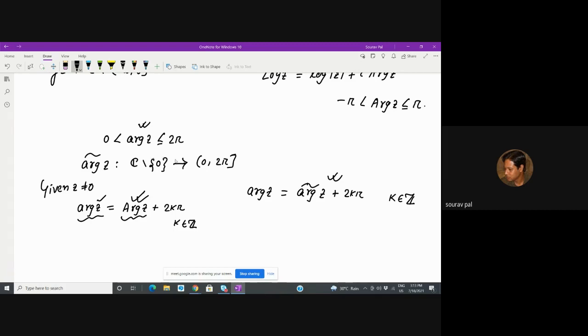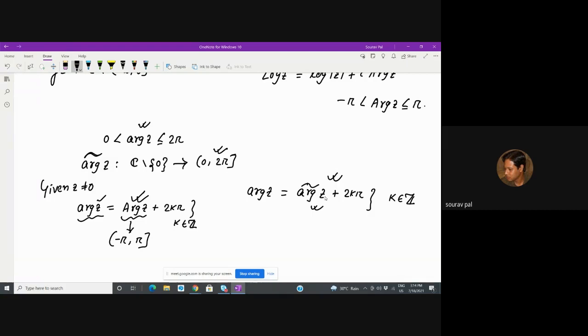If you restrict your argument between 0 and 2 pi and give it a name, like the principal argument for minus pi and pi, here I am calling it arg tilde. It is just a notation, nothing else. Then for given non-zero z, you can find all values of arg z in terms of this function by adding 2k pi. The set here and the set here, if you vary k over the integers, will give you the same set. Did you get my point?